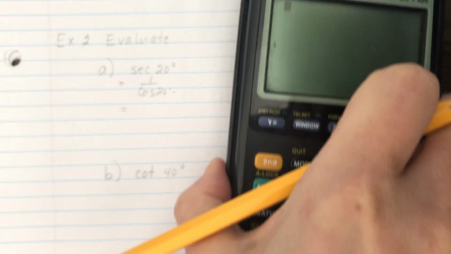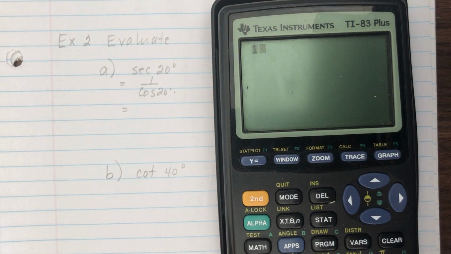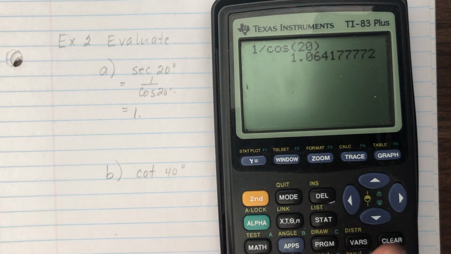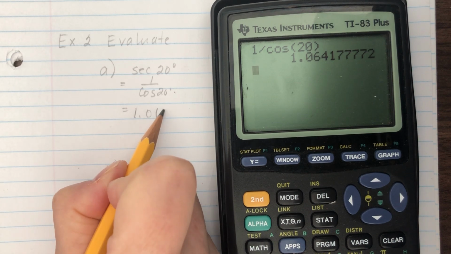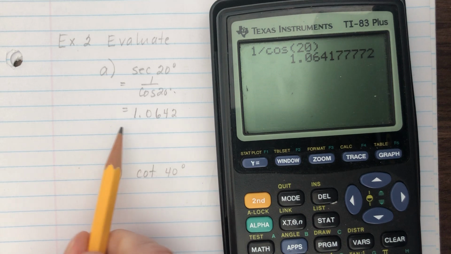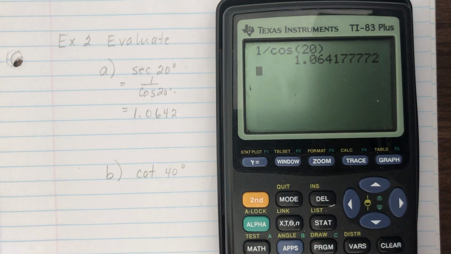And if I take the calculator, I end up with an answer of 1.0642, and this is the only case where you have to round to 4 decimal places when we have trig ratios. In order to be accurate, we need to use all 4 decimal places.